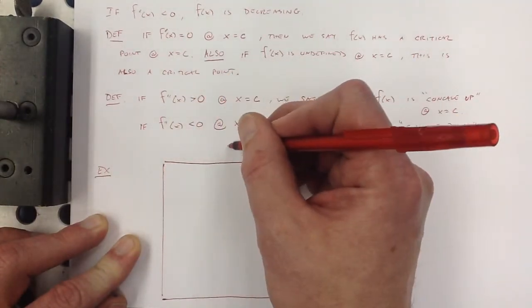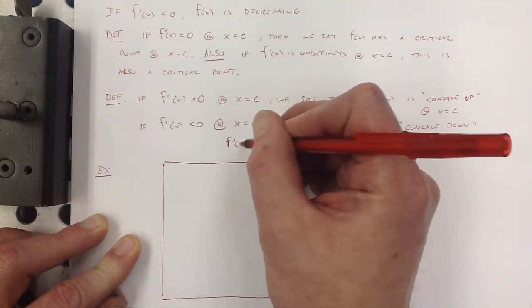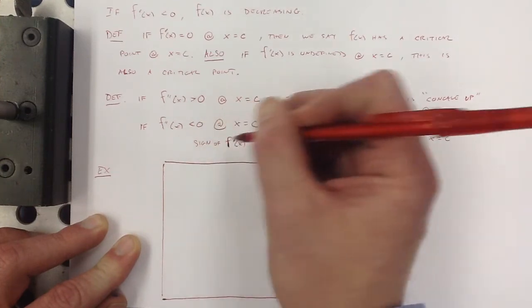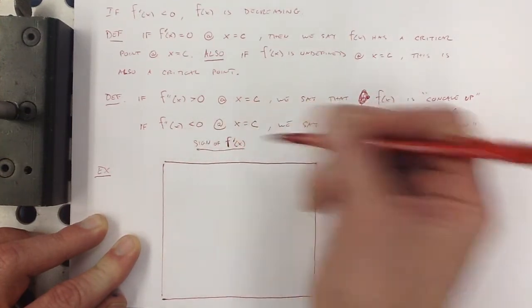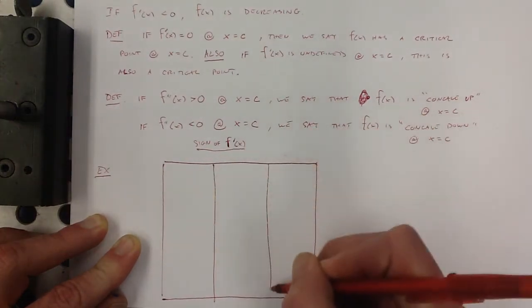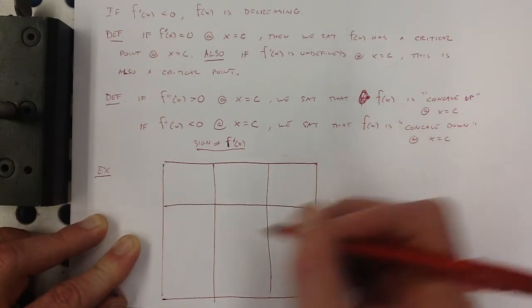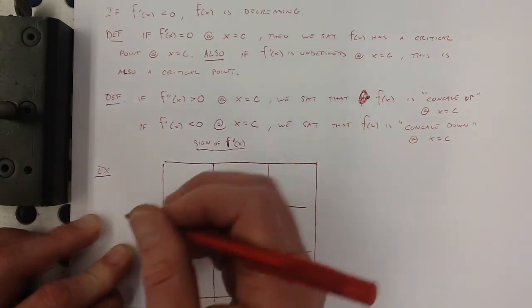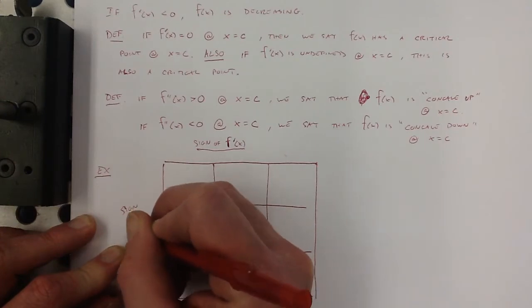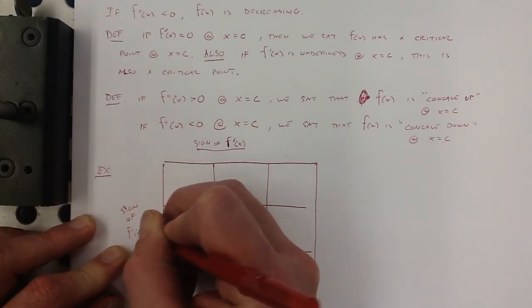So up here at the top we'll put the sign of the derivative of the function. And over here I'll put the sign of the second derivative.